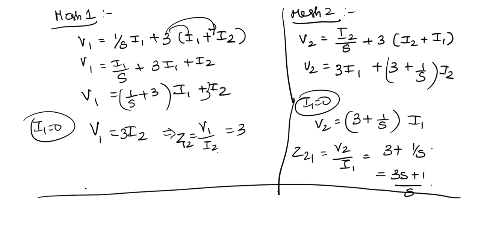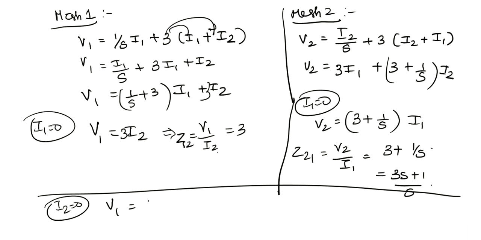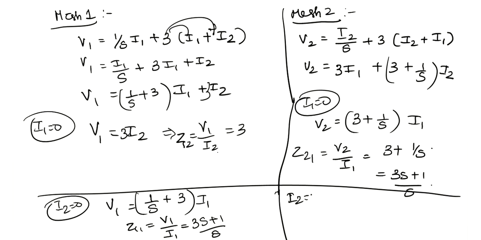And second, I2 will be equal to 0. What you are getting, V1 equal to the same, 1 by S plus 3 into I1. The final Z11 will be equal to V1 by I1 will be equal to S plus 1 by S. And over here, I1 equal to 0, and you are getting V2 will be equal to 3I2. Therefore V2 by I2 will be equal to 3.